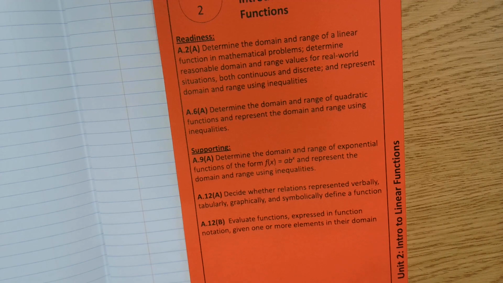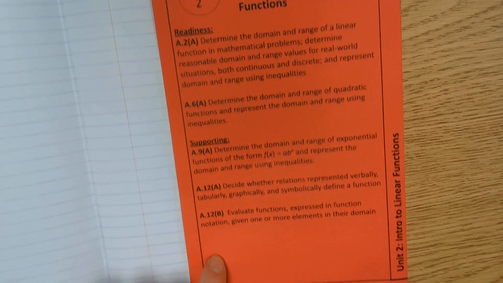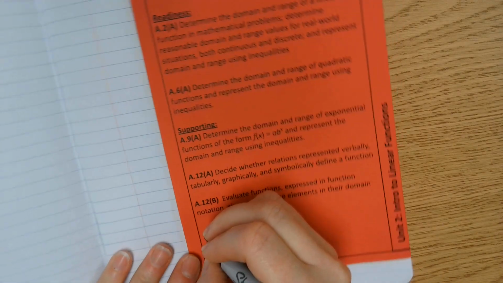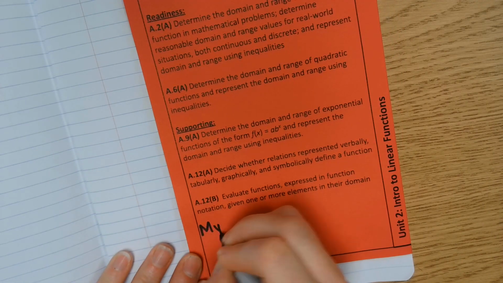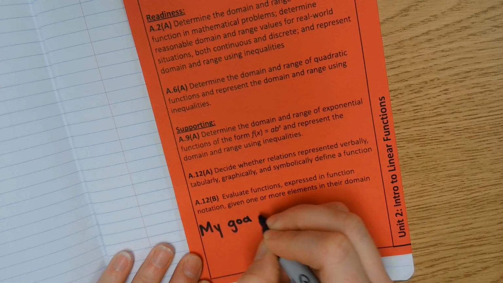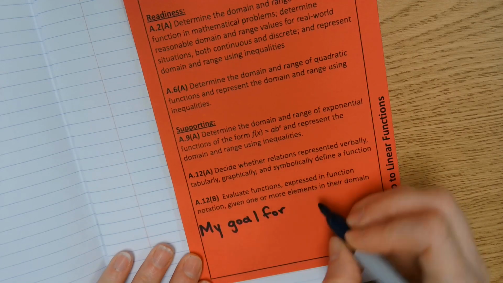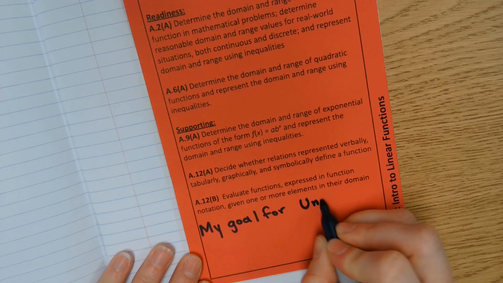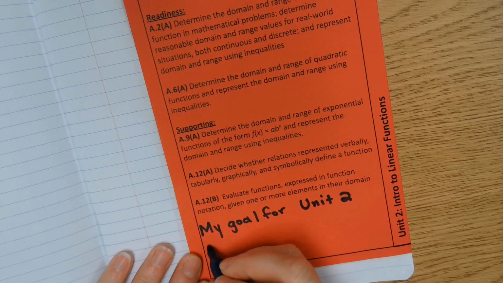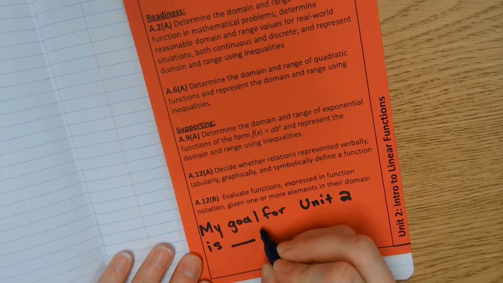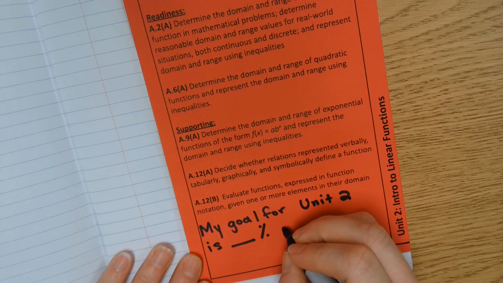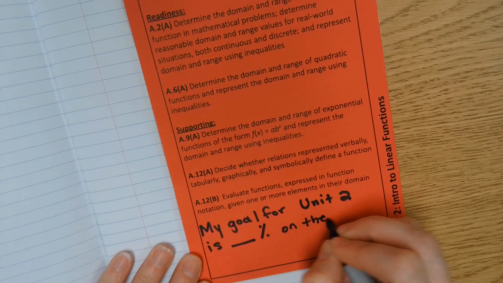So it's going to be a short unit, it's going to be a little over a week, and then we're going to take a test over it. So on the front, I want you to put my goal for Unit 2 is blank percent on the test.